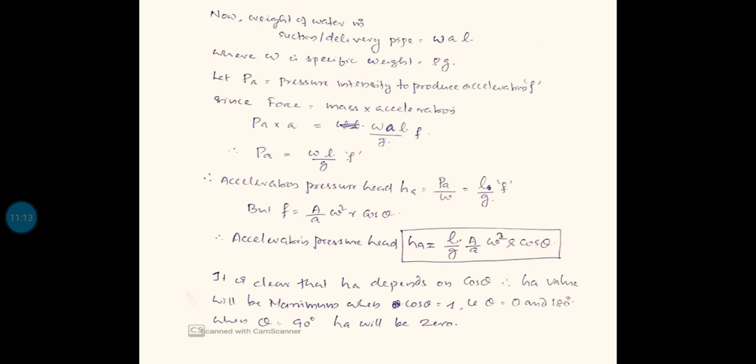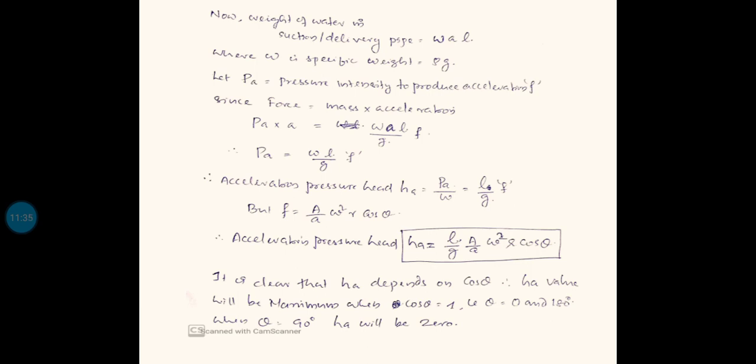So HA equals PA by rho g, and PA is nothing but W into L by g into F, divided by rho g. Finally it reduces to L by g into F, since W and W cancel.